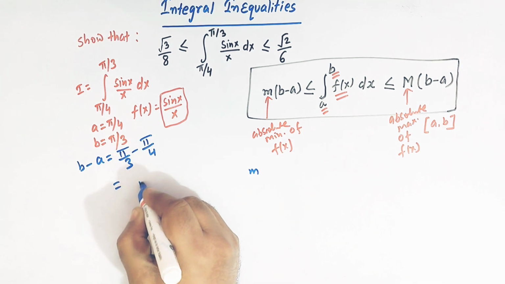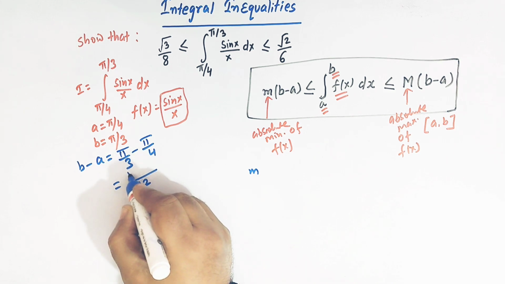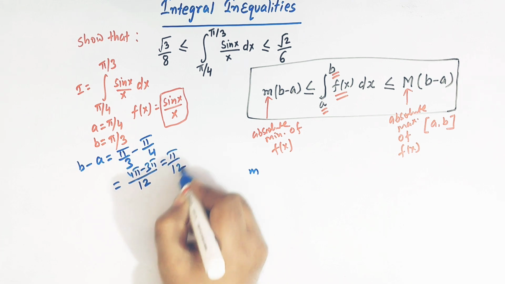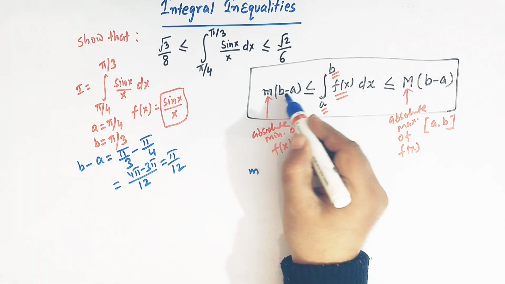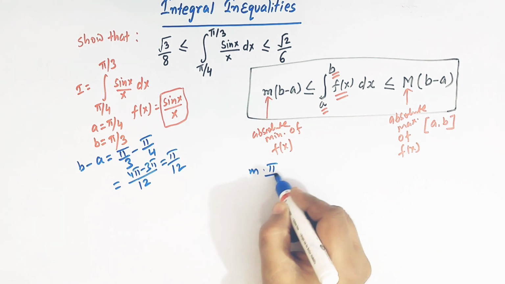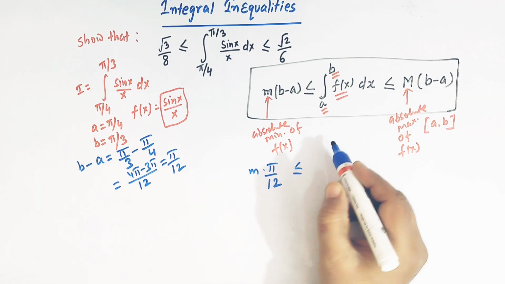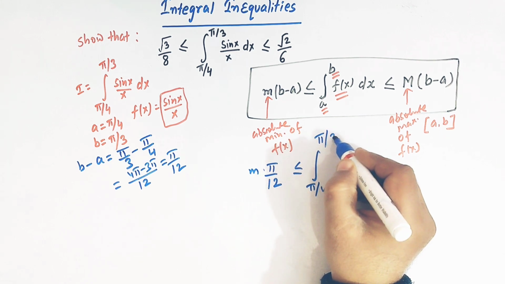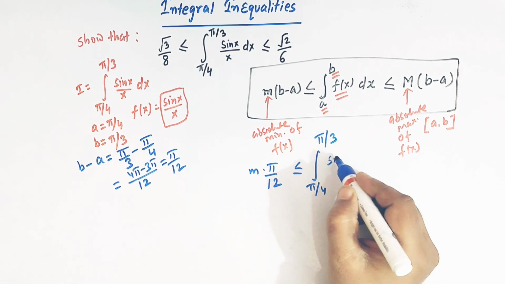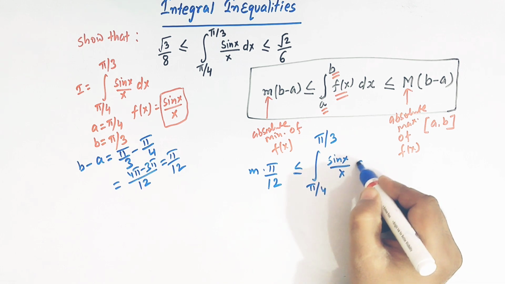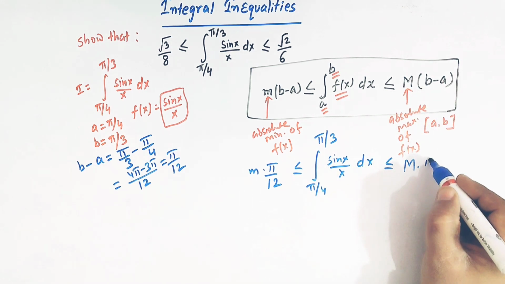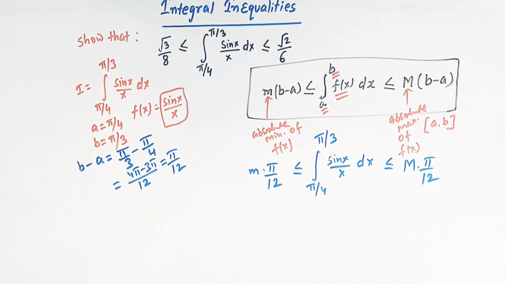The LCM is 12, so we have 4 pi minus 3 pi, that is pi over 12. Right? So we have m times pi over 12, and here we have the integral from pi by 4 to pi by 3 of sine x over x dx, and here we have capital M times pi by 12.